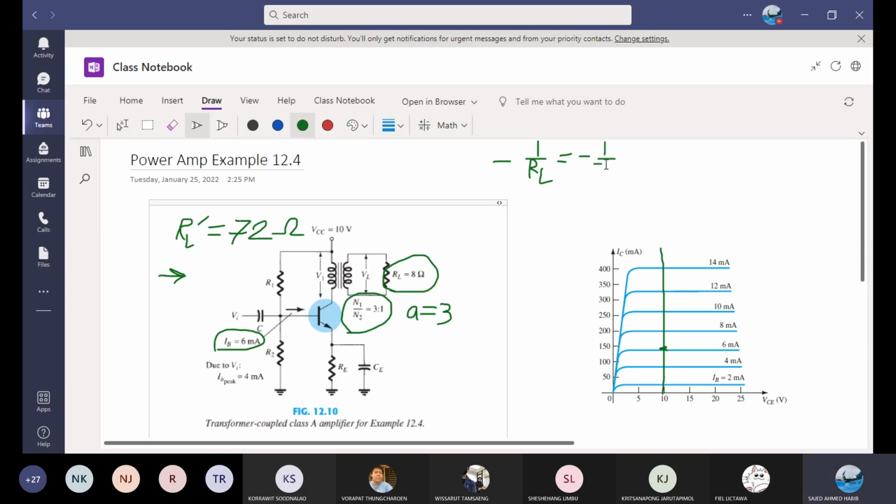That's the slope. If you have graph paper and pencil, you can actually do that. There's another way of doing it using a shortcut, which I'll also tell you. So now you have to draw the AC load line from the Q point, a slope of minus 1 over 72.